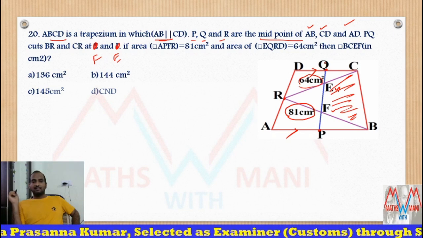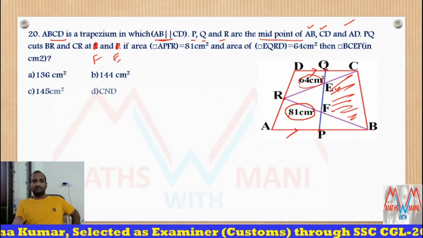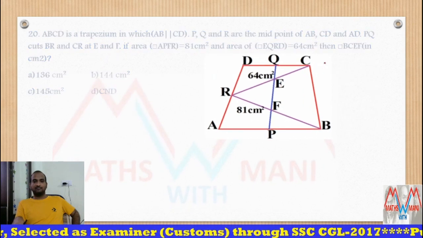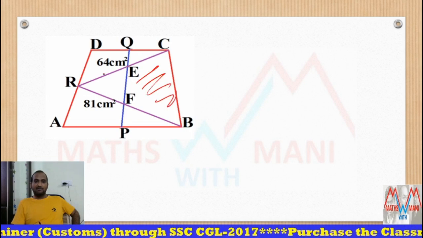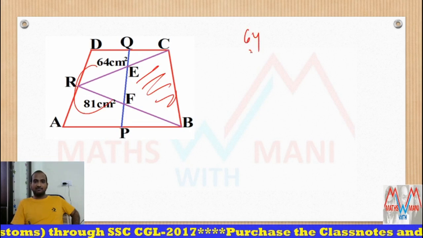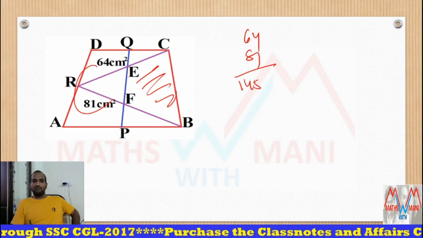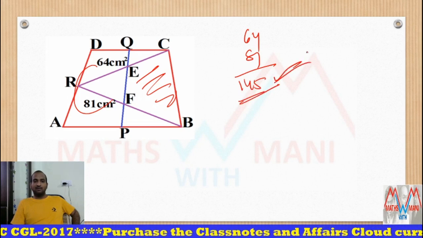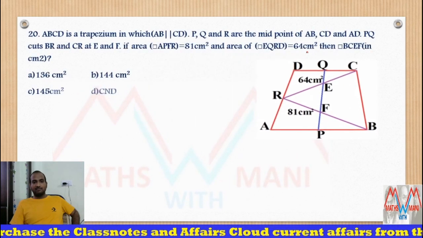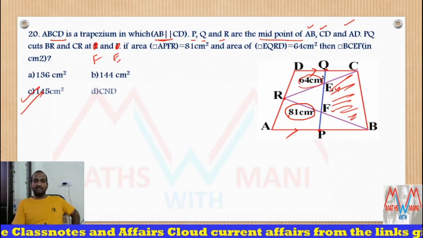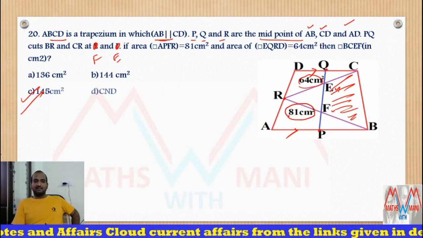What is the correct answer? We already discussed that this area is equal to the sum of these two areas. So 64 plus 81, that is 145. Simple. You should know the property. So the answer is 145. That is the correct answer.